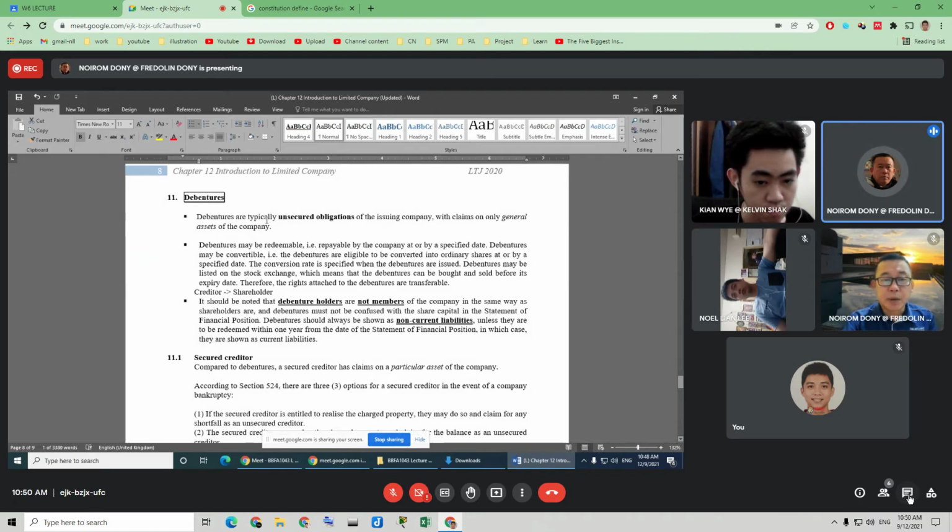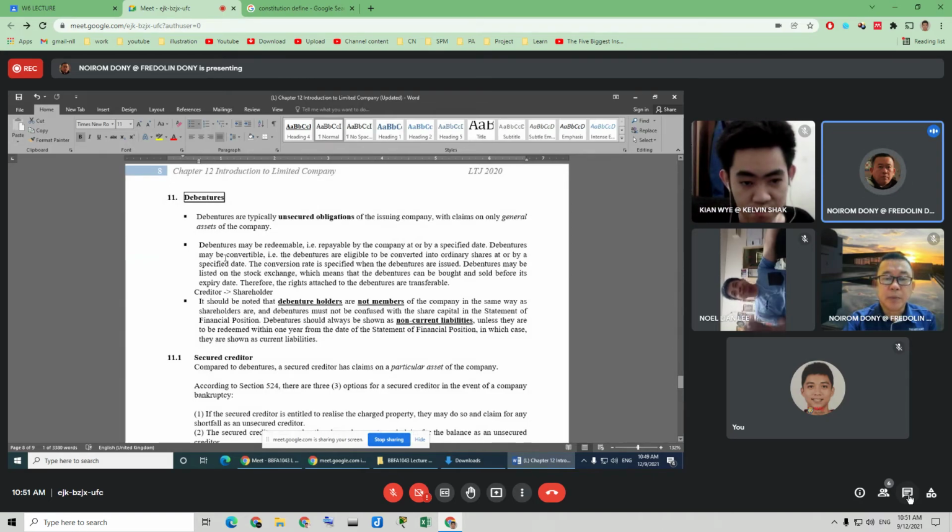They sell it to the public, so the public will buy the debentures and pay the money to the company. That is considered as loan capital. Debentures may be redeemable. Redeemable means repayable by the company at or by a specified date.